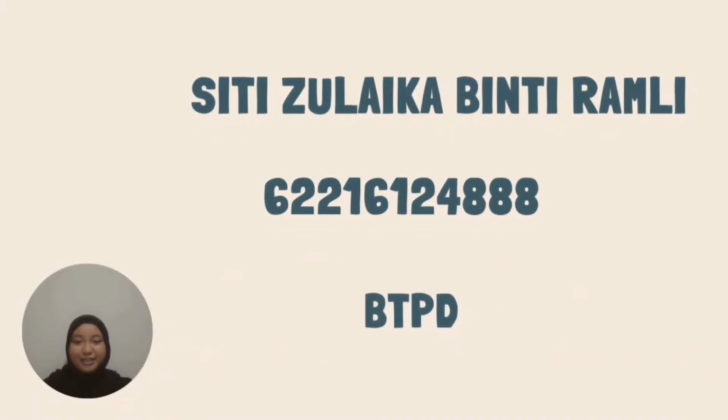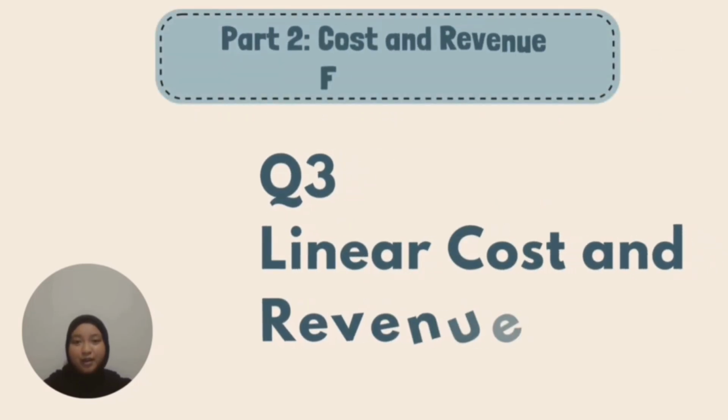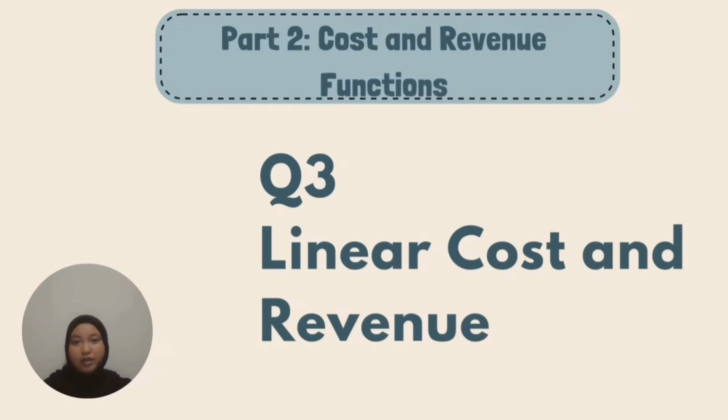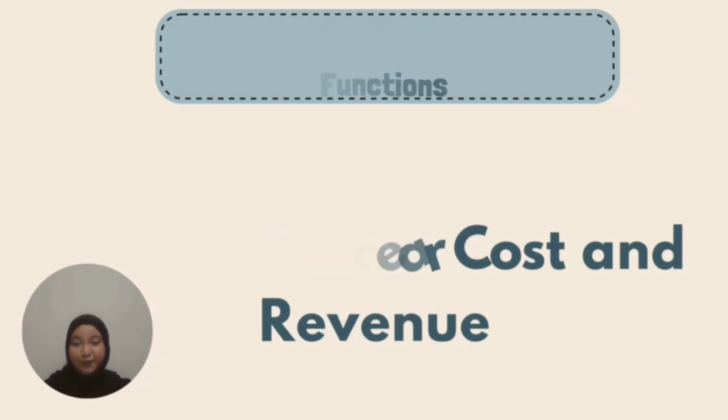Okay, so my name is Siti Zulaika binti Ramli and I'm from BTPD SEM 1. So for the question part 2, which is cost and revenue function. Question 3 is a linear cost and revenue.